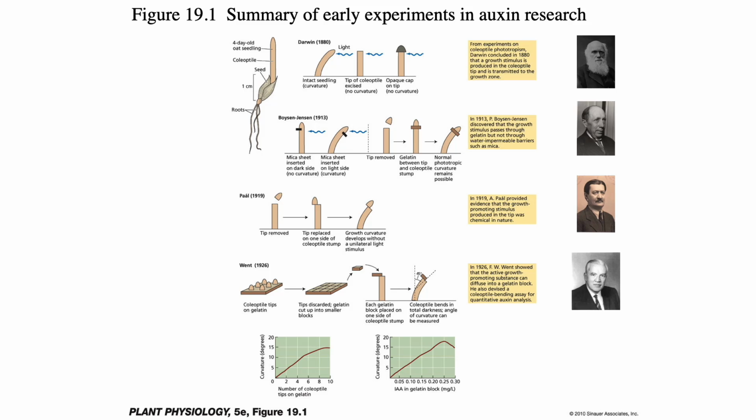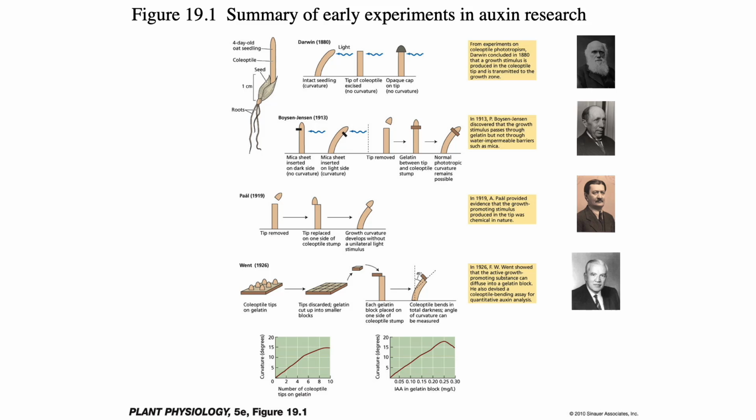Peter Boysen Jensen expanded on this research, publishing a paper in 1913 describing this phenomenon in more detail. He inserted a mica sheet halfway through the coleoptile tip on the dark side of the coleoptile. The mica chip blocked the bending action. If he inserted the mica chip on the light side, then bending occurred in response to light.